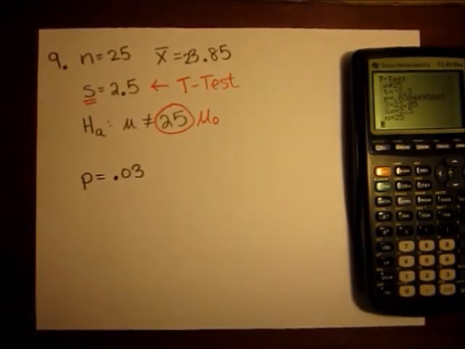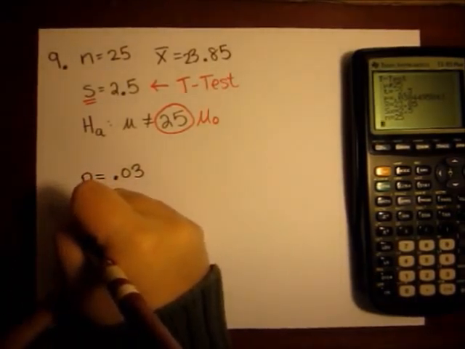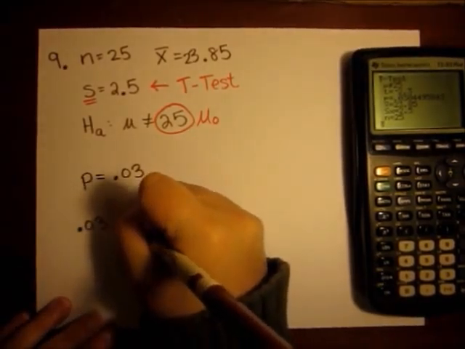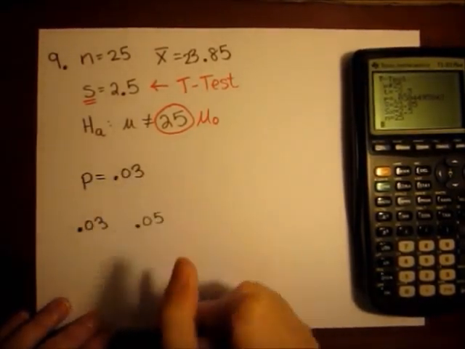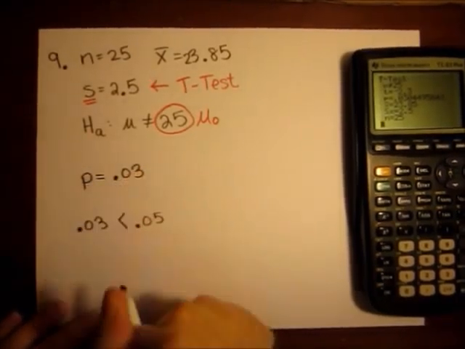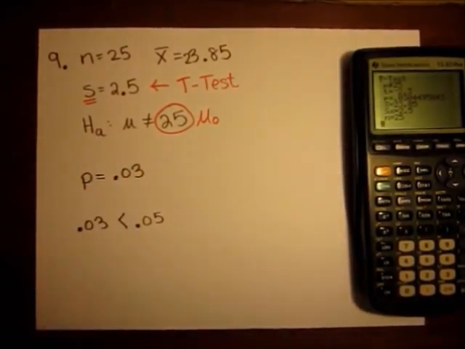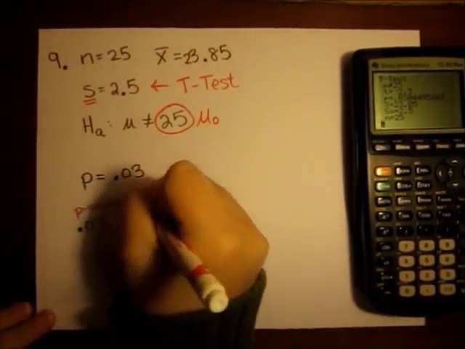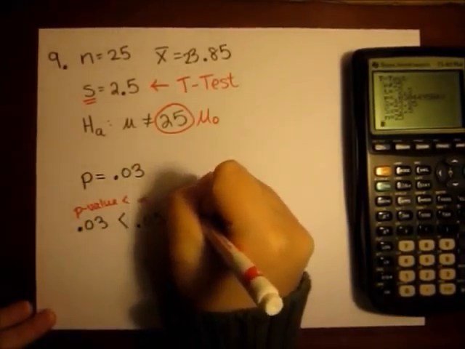Okay, now to make conclusions with accepting or rejecting the null hypothesis, I have to compare this with the different values of alpha. So if I compare it with the first given level of significance, which is 0.05, 0.05 is bigger, so I have my p-value smaller than alpha.